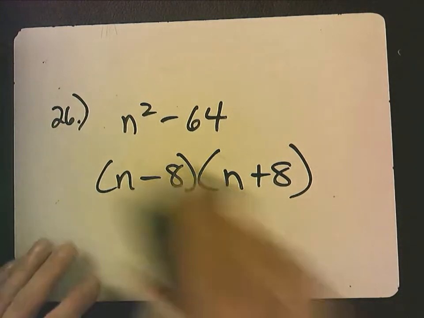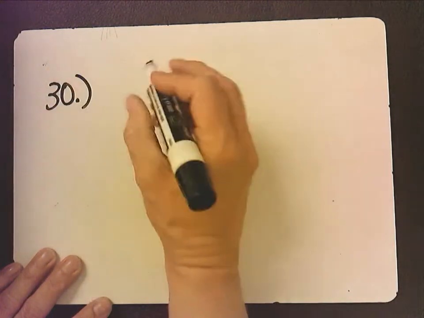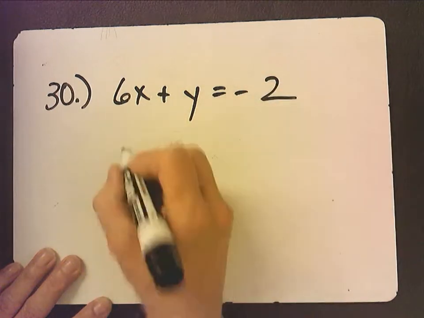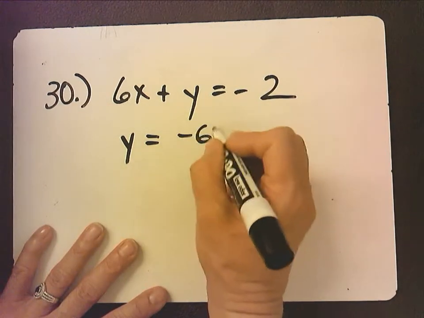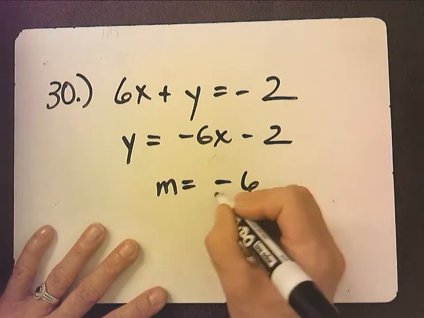Okay. Now, sketching a linear equation. It's been a while since we've done that. So let's look at number 30. 6x plus y equals negative 2. I'm going to put it into slope-intercept form. Y equals negative 6x minus 2. So my slope, negative 6 over 1.